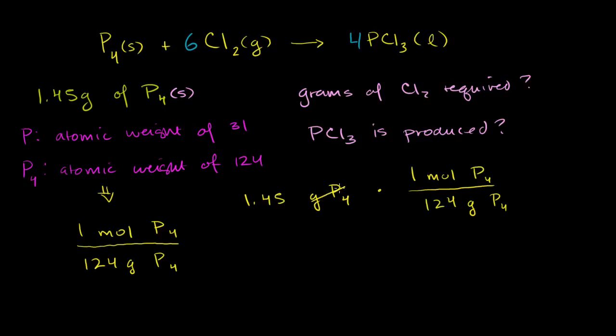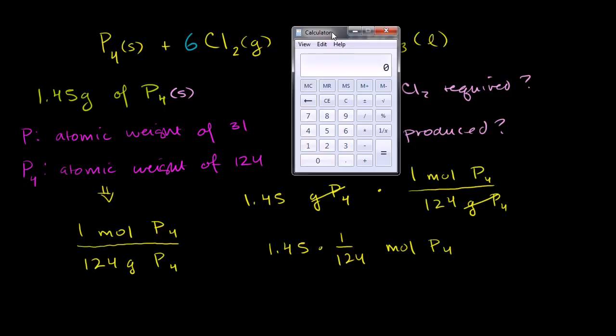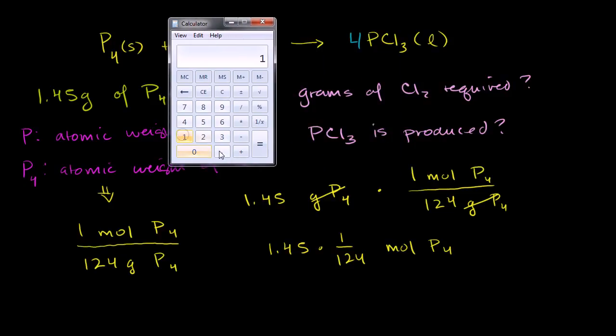And then we get 1.45 times 1 over 124 moles of molecular phosphorus. And we could figure that out. Let's get our calculator out. It's 1.45 divided by 124, right?